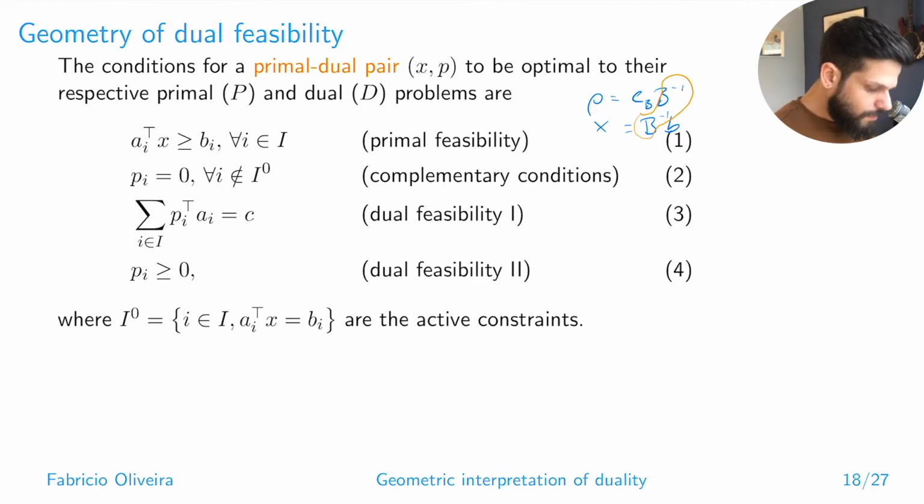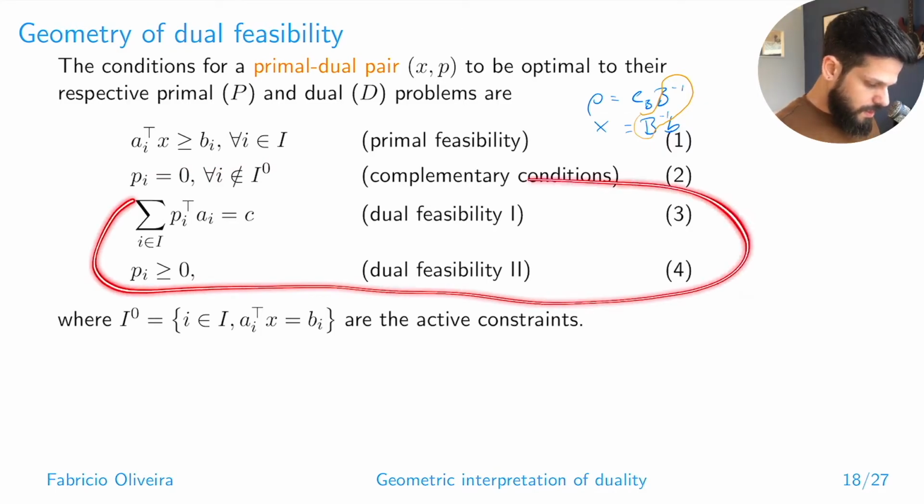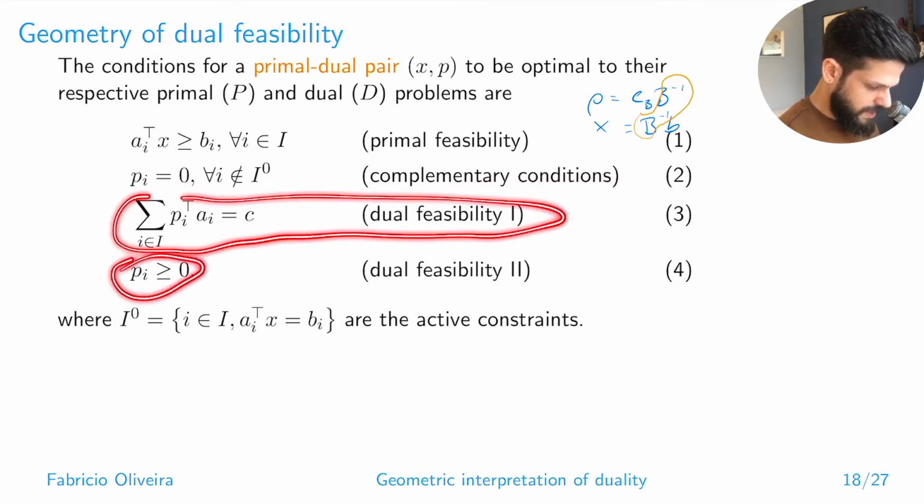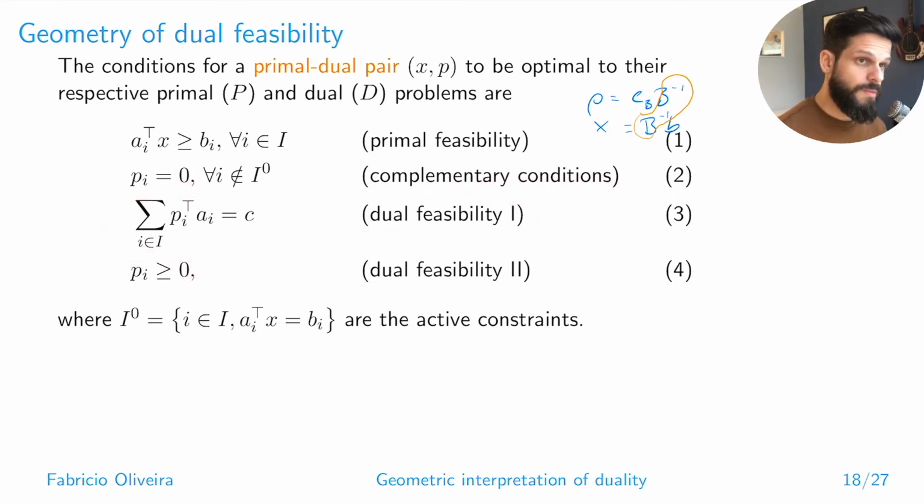And these are the conditions that we have to observe to find that these are optimal. Primal feasibility: you have to have a primal solution that is feasible. Dual feasibility, which is represented by this constraint here, plus the non-negativity of the dual variables given canonical forms like we've been seeing. And the last one is for those constraints that are not active.